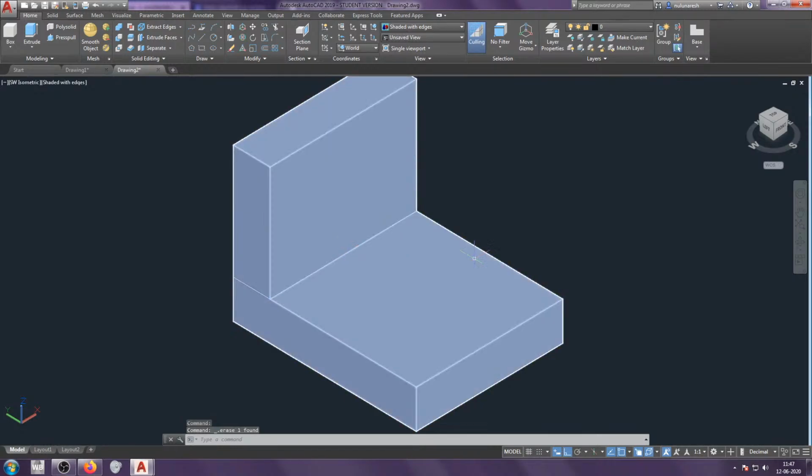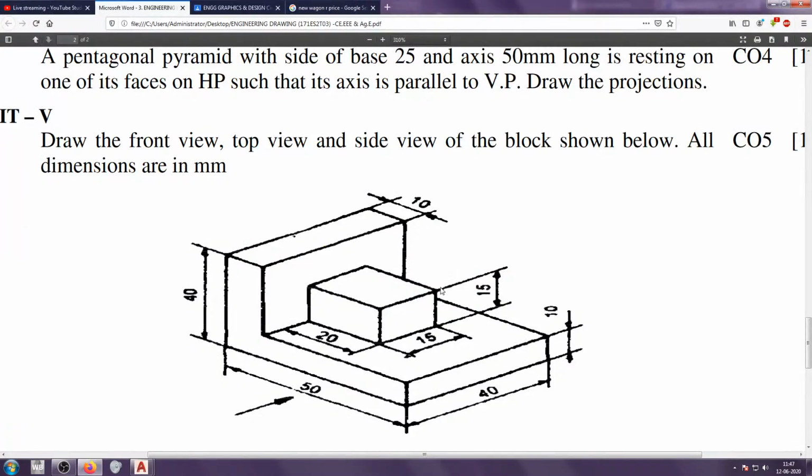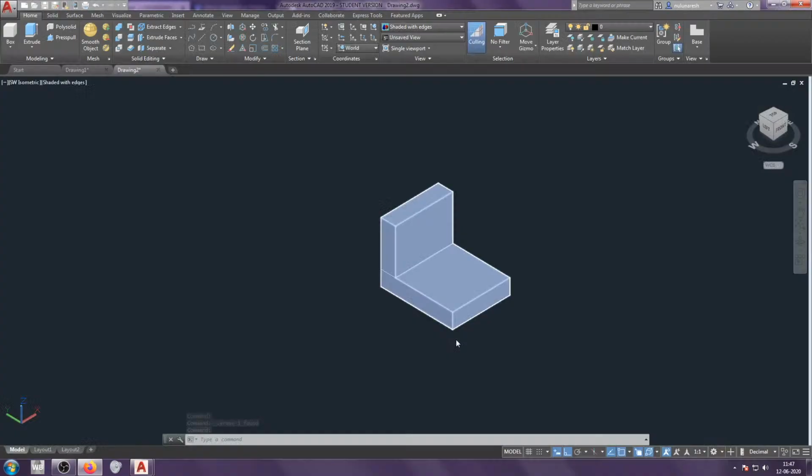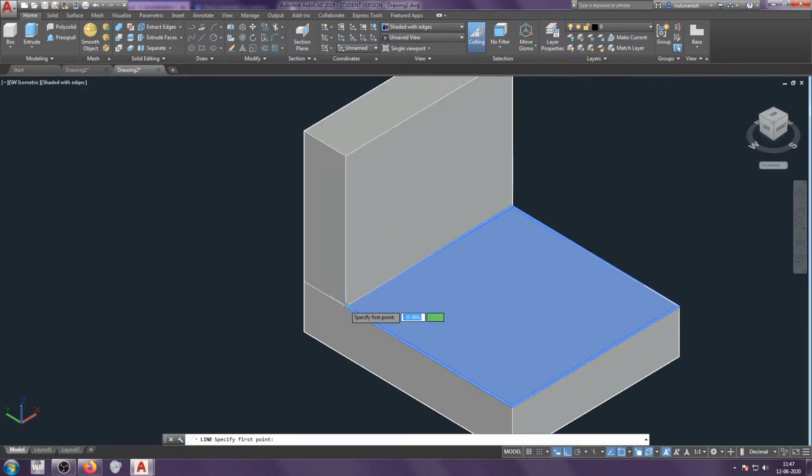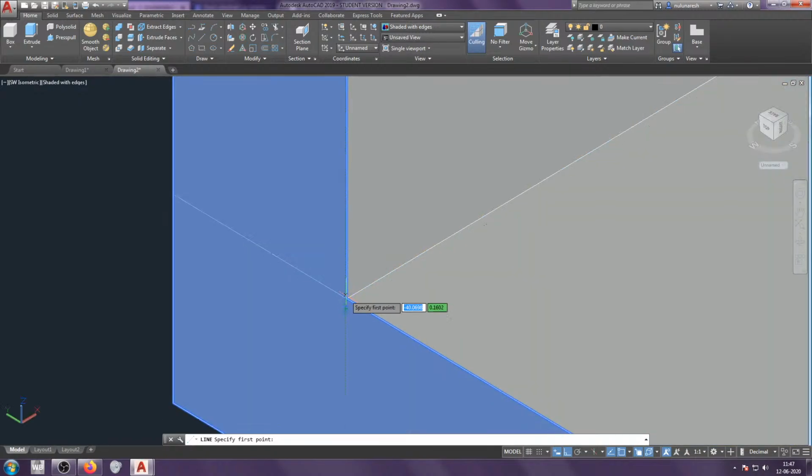Wait. Okay, now I need to create this block of dimension 20, 15 and 15 again. So from this particular line I have to move to a distance of 12.5.